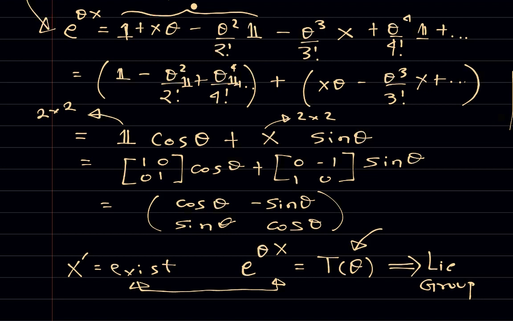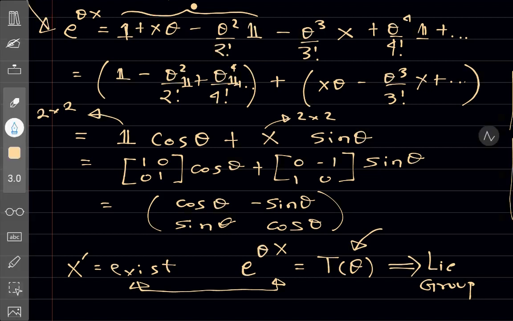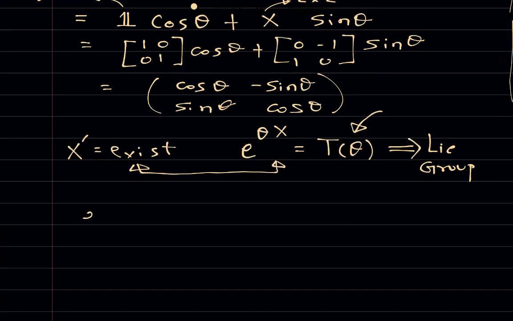So given a particular finite group, if it is a Lie group, it is possible to write it in terms of exponential to the power some parameter and a matrix. That matrix which is on the top of exponential has a special name and it is called the generator. So whenever I write e to the power theta x, this has a special name.